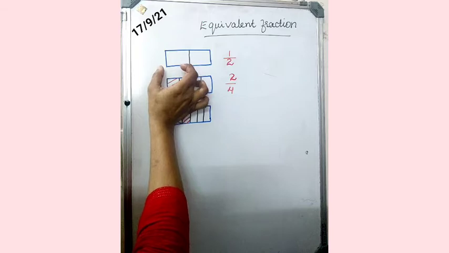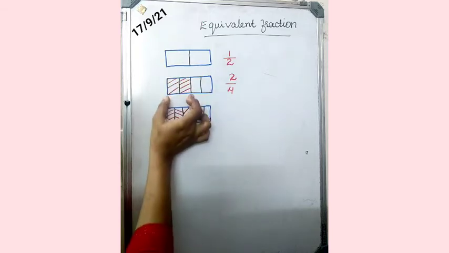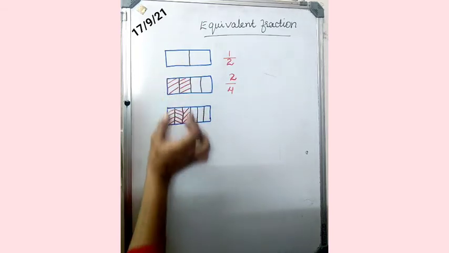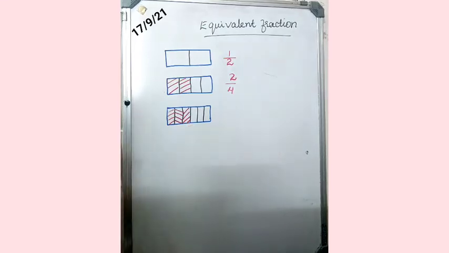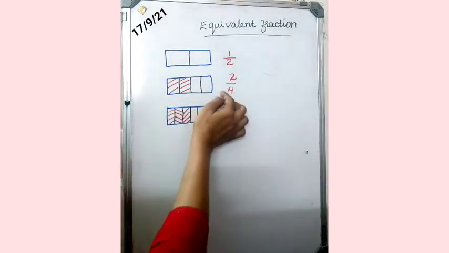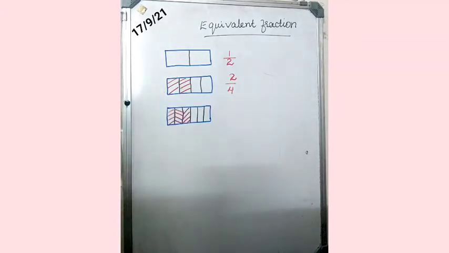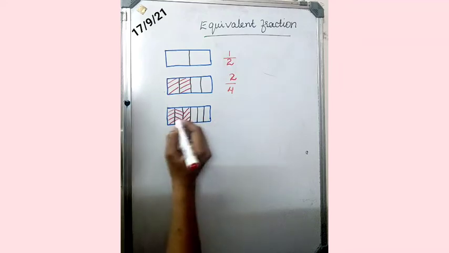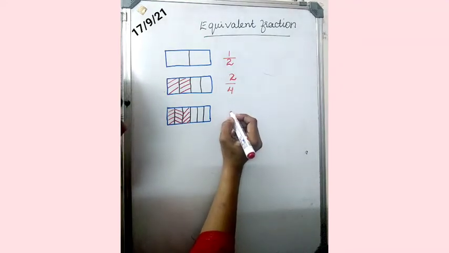I divide this half into 2. Here I divide this half into 2. Here I divide this half into 3. There is no difference in any other. The fraction is different. Here, look here, what is the fraction of the shaded portion? Total how many parts? Total 6 parts.